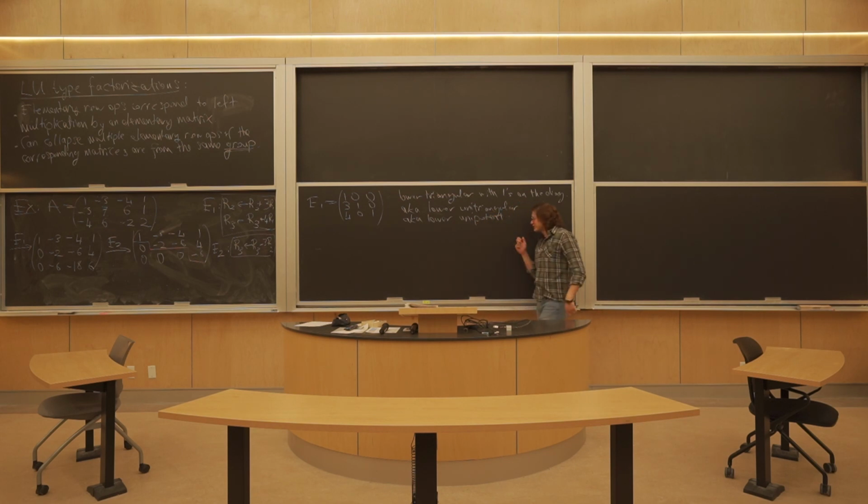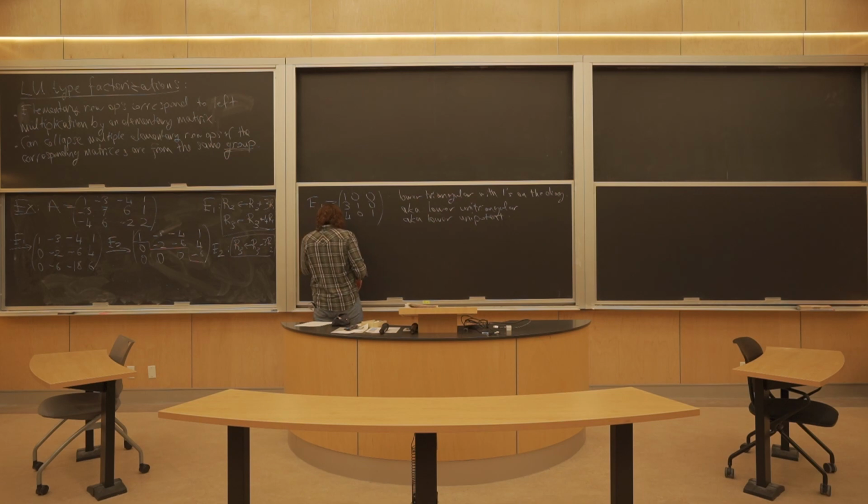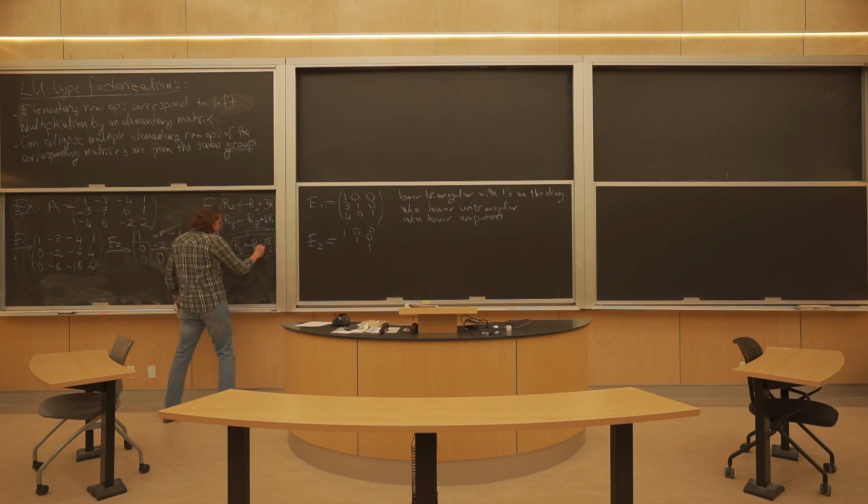Its power is 1, something like that. And I can do the same thing with E2. And this too is of the same type, okay? And row 3 is replaced by row 3 minus 3 times row 2.